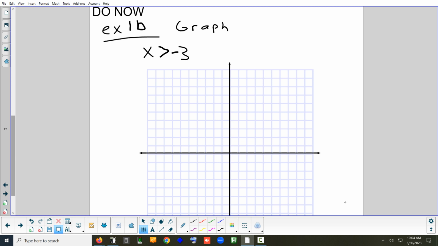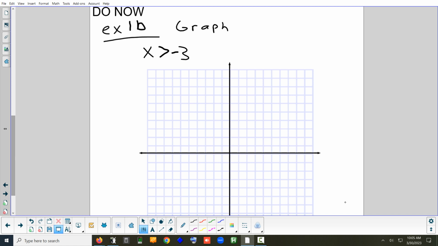Okay, so as I walked around, most people recognized it is a special case because you only have an x and no y. Special cases are actually easier because you don't have to deal with the y-intercept and the slope and then put points. You just need to put a vertical or horizontal line. And that's it.